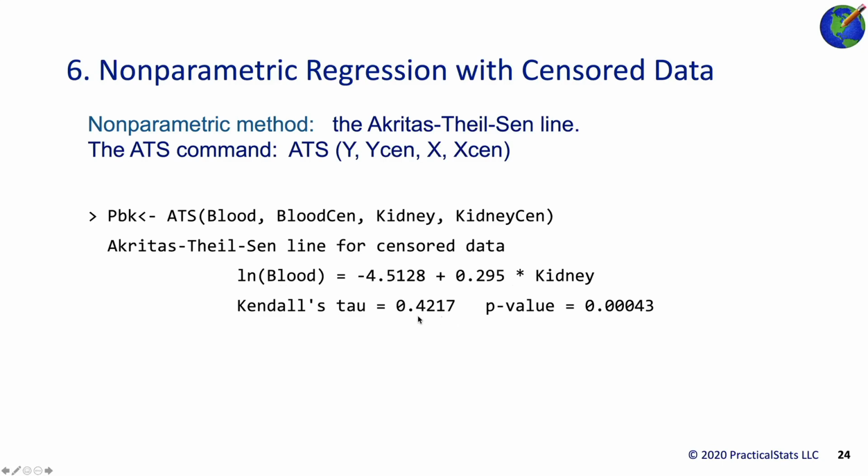So this is kind of like a strength of 0.6 on a Pearson's R scale, if you could translate from one language here, Kendall's tau language, to a Pearson's R language. At any rate, it's very significant.